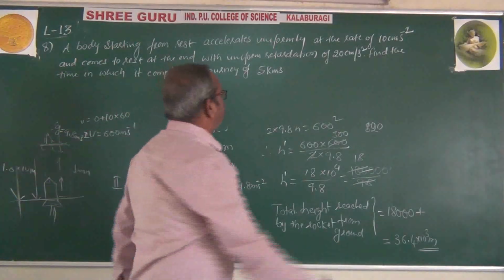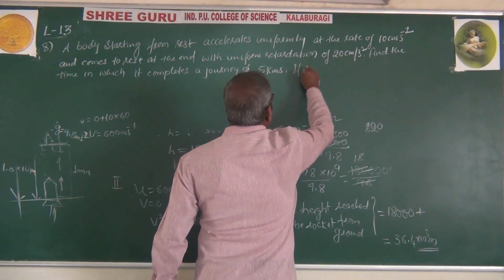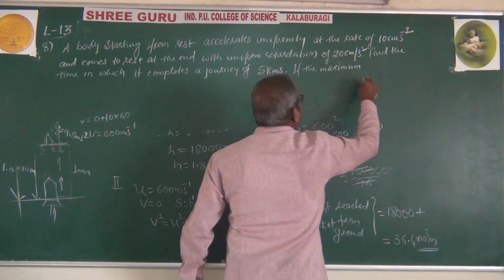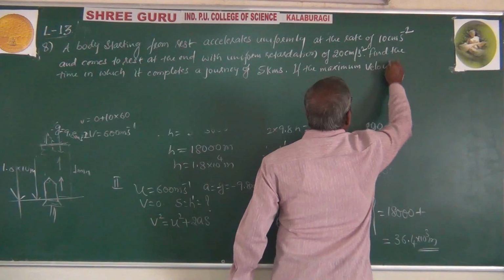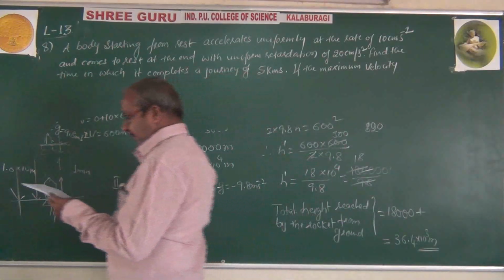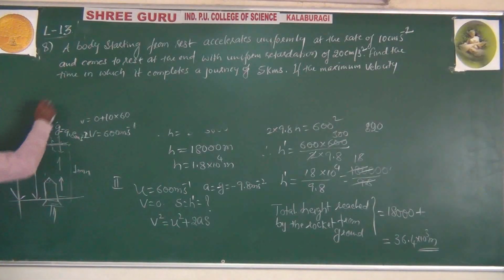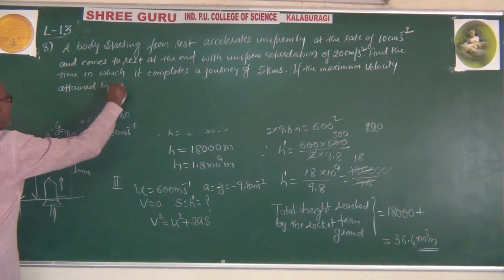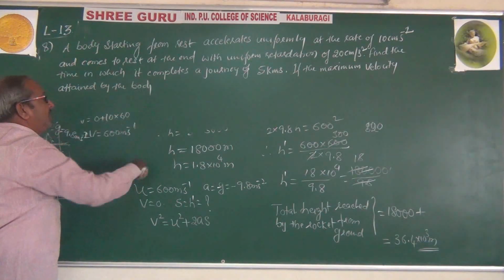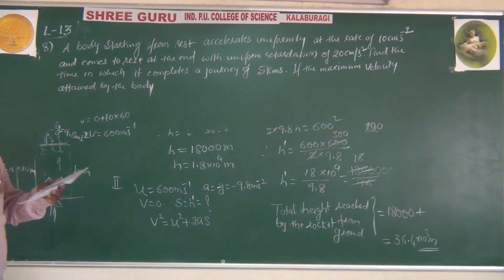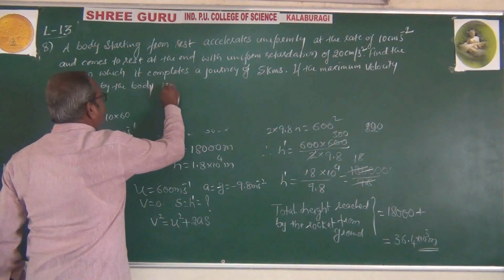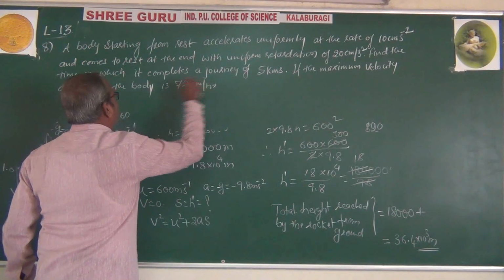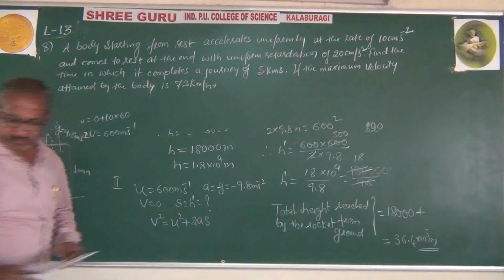If the maximum velocity attained by the body is 72 kilometer per hour.